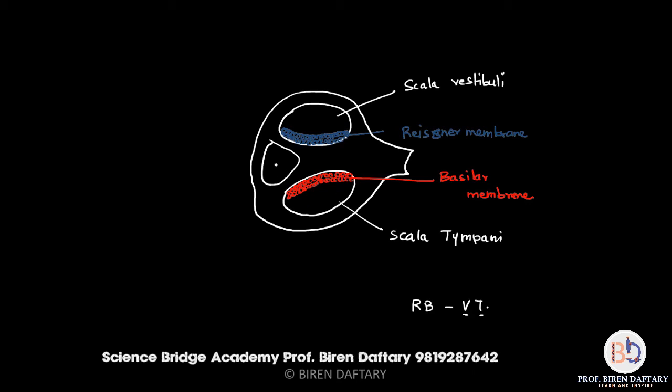Now this third space which is present is basically called the scala media, and this scala media is formed of membranous labyrinth, okay, and it is filled with endolymph. As I told you, the fluid in the bony labyrinth is called perilymph.